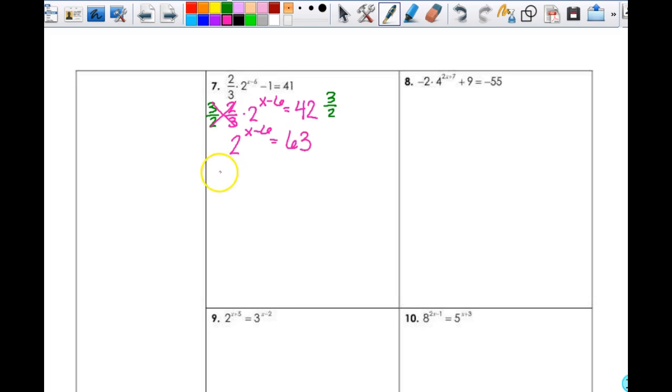Okay, so now can I take the log of both sides? Okay, so log of both sides. Natural log of 2 to the x minus 6 equals the natural log of 63. And then I get x minus 6 times the natural log of 2 equals the natural log of 63. I'll let you finish that and see if you can get the right answer in the end.